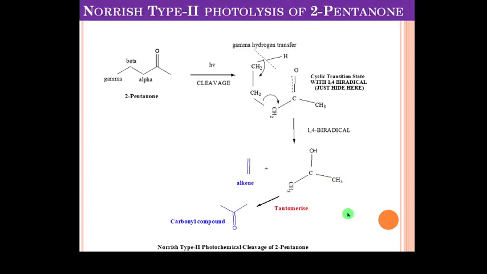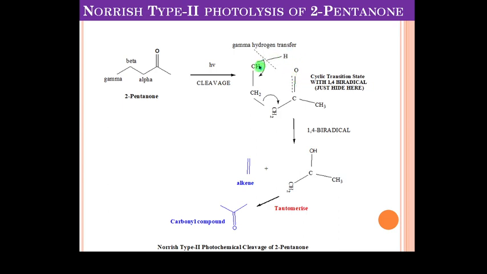Now we can see the Norrish type 2 reaction of 2-pentanone. Here, as we pointed out, there are the alpha position, beta position, and gamma position. For the sake of convenience, I have drawn it in a cyclized-like form, which shows that this gamma hydrogen is as close as possible to the carbonyl.